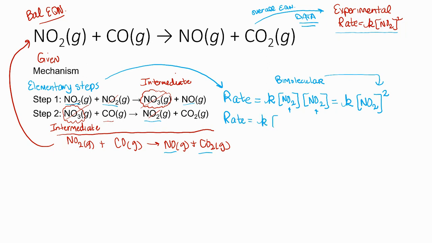Rate would equal k times NO3 times CO. Okay, just pulling it from the elementary step equation. If we double NO3, the rate would go up twice. If we doubled CO, the rate would go up twice. In other words, first order for each as written. That one's also bimolecular. And overall, second order. Overall, because that's 1 and 1.